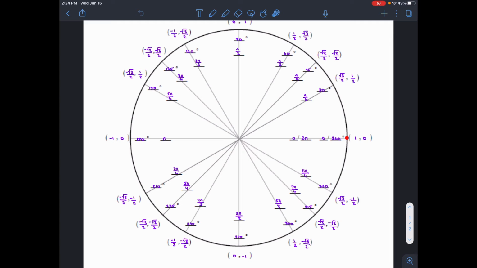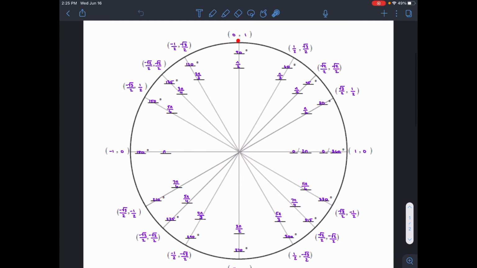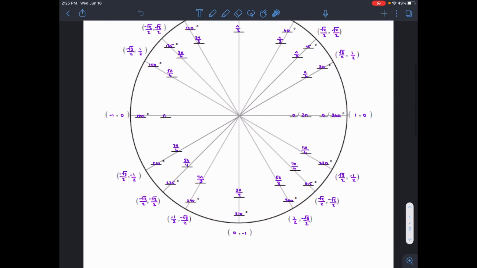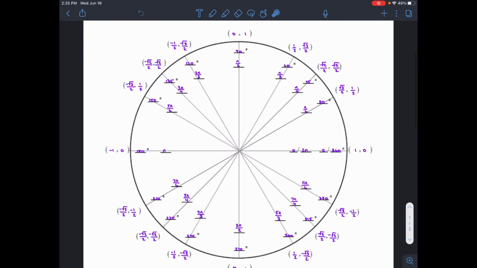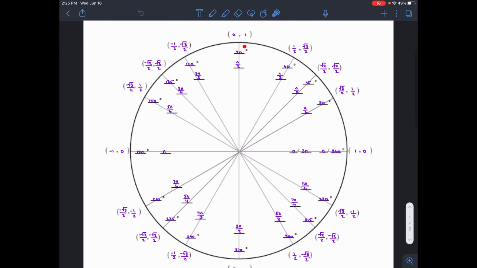So the coordinate would be 1, 0. Same thing for here: to the left or right 0, and then up 1. So it's 0, 1, and then here negative 1, 0, and then here 0, negative 1. So you really don't have to memorize these. You just have to think about the coordinate plane.